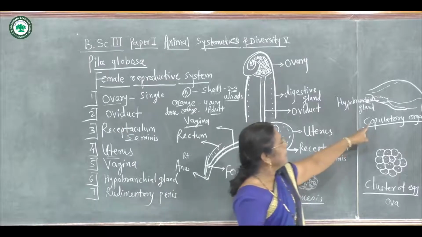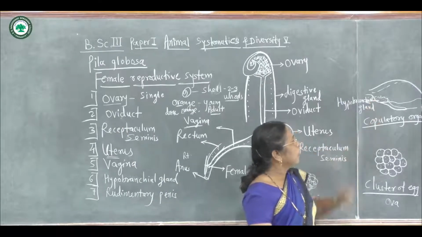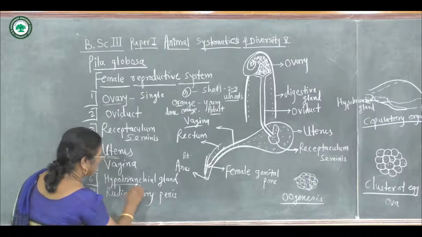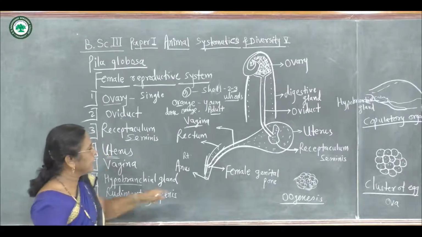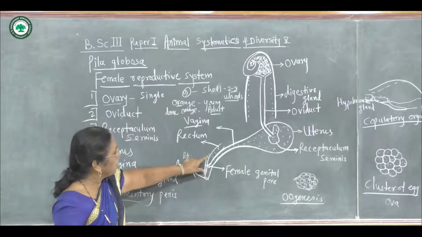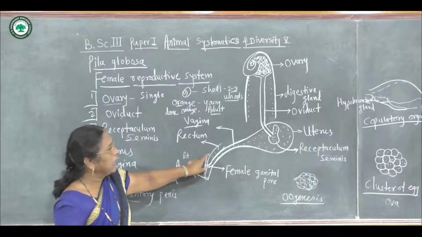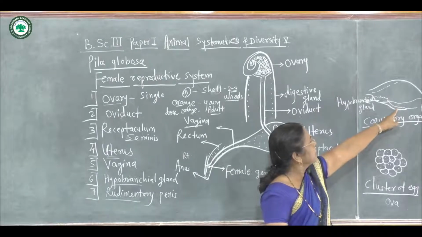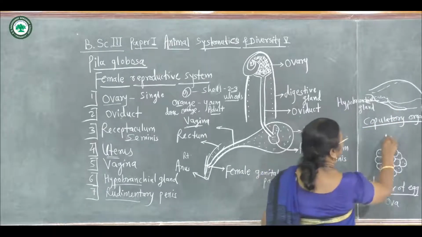This copulatory organ of the female is called the penis. In the female, the copulatory organ or penis is not well developed, hence it is called a rudimentary penis.